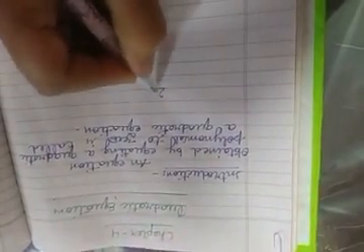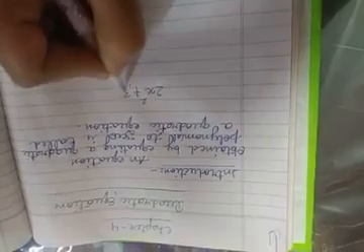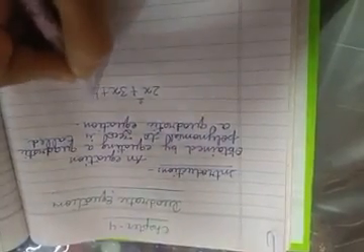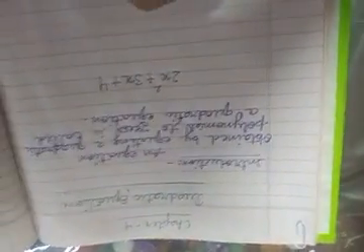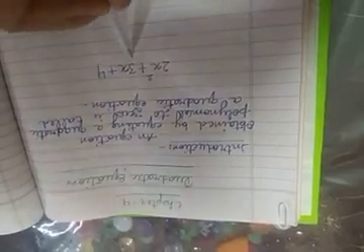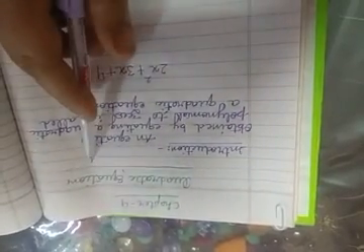What was a quadratic polynomial? Any polynomial with degree 2 is known as a quadratic polynomial. So this is a quadratic polynomial. Here we will discuss quadratic equations.